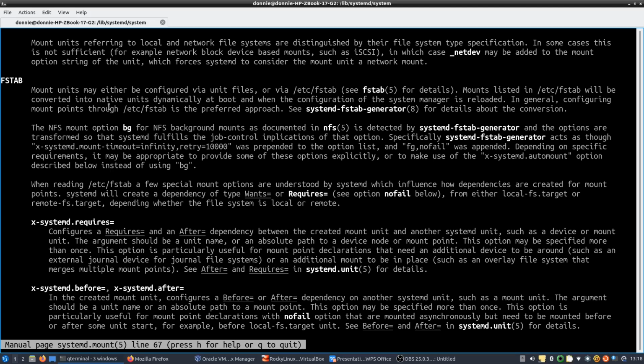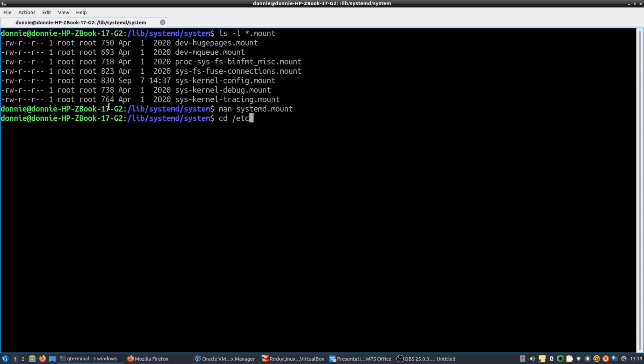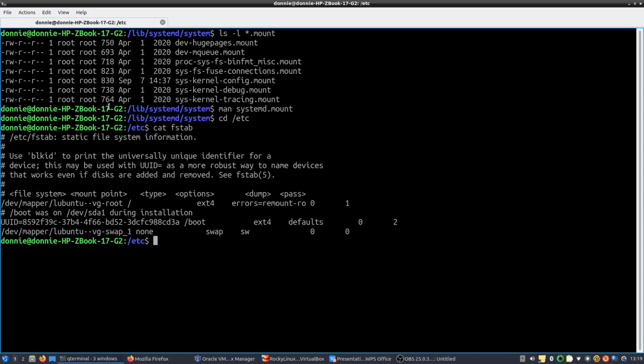Okay, so what it's really saying here is that, yeah, we're just going to use the fstab file as we've seen in previous videos. And of course, in all those previous videos, I was using systemd virtual machines to do the demos, so we know that it works. Just a quick review here. Let's go into the /etc directory and look at the fstab on this particular machine.